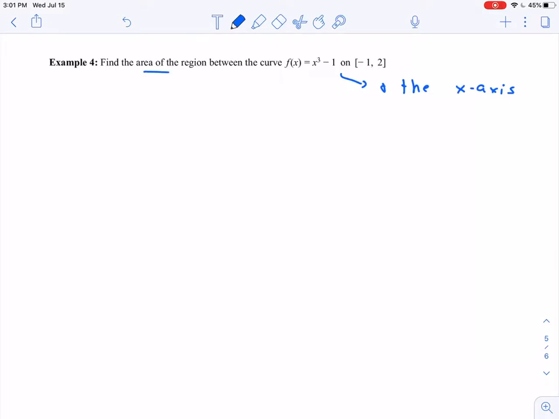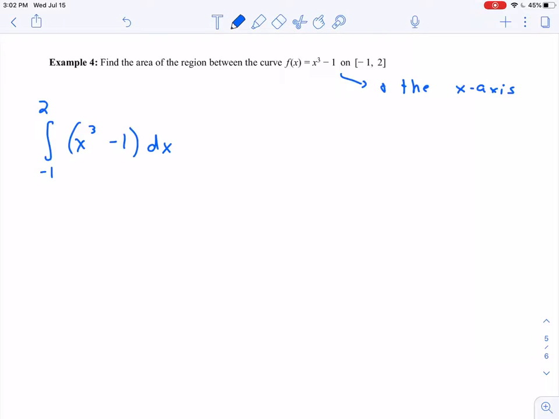So the area of the region between the curve and the x-axis, this is a fancy way to say evaluate the definite integral of x cubed minus 1 dx from -1 to positive 2. And that will tell me the area. In this case, they're just saying area, so I'm assuming we're talking about net area here.